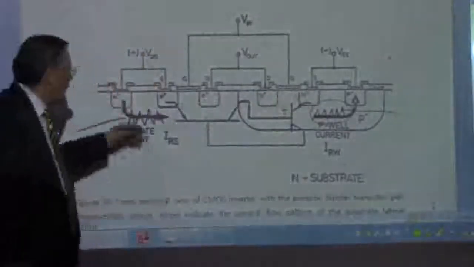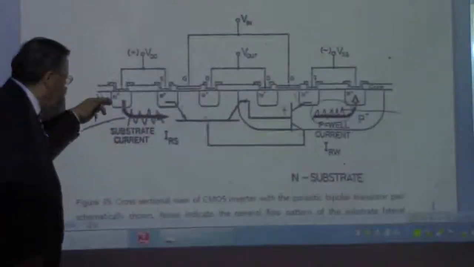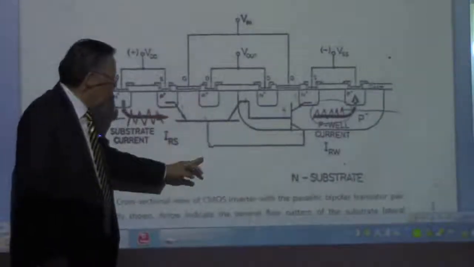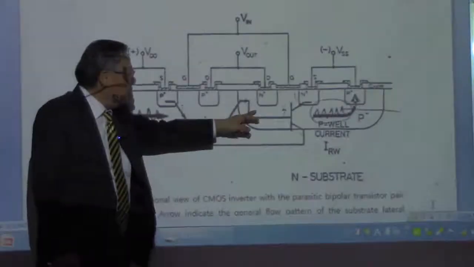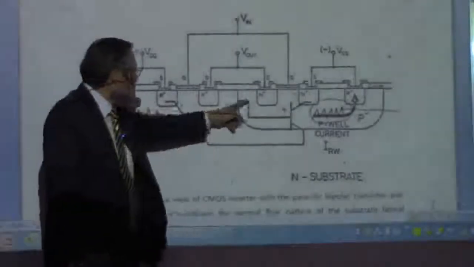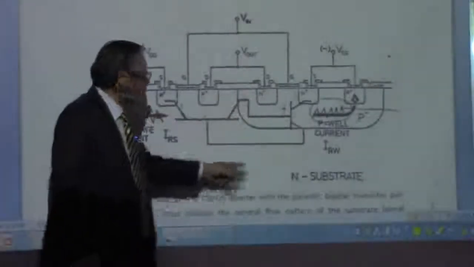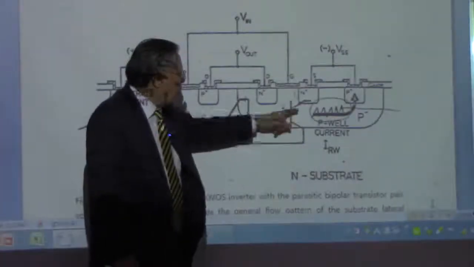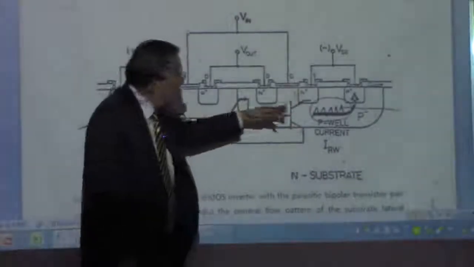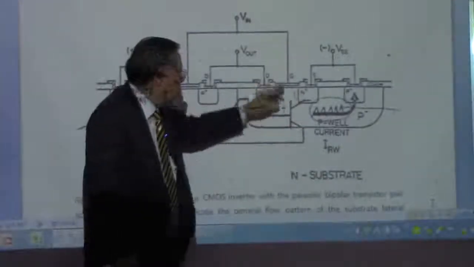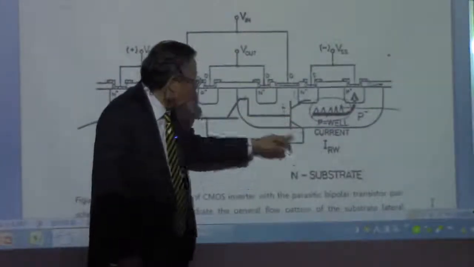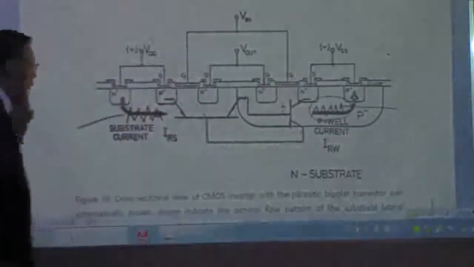If there is a current going from this VDD part to the VSS part in this inverter, in the CMOS, you can think of a P plus, N minus substrate, and P minus bipolar, one bipolar here, and another bipolar, which is N plus, the source of this NMOS, and then P well, P minus, and then N minus substrate, which is a vertical bipolar transistor.